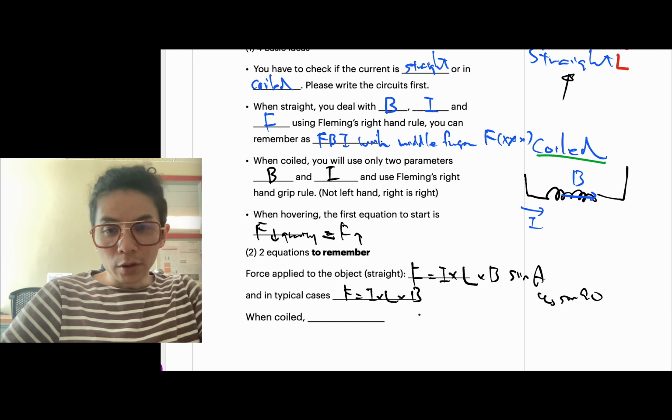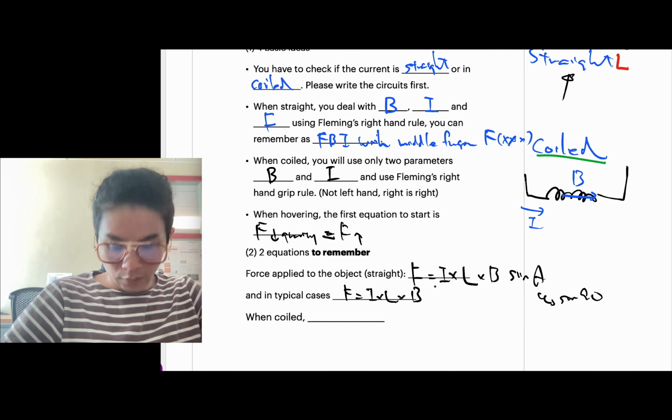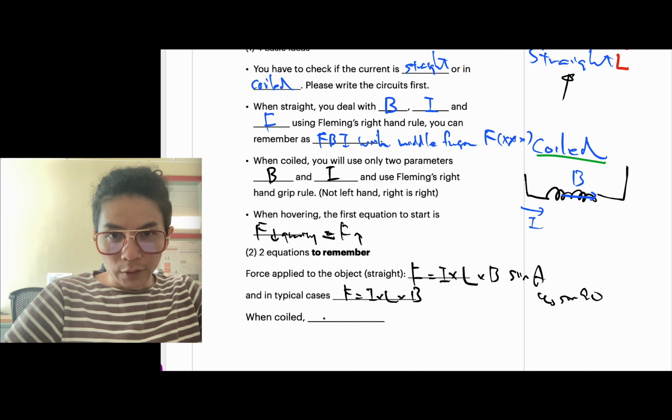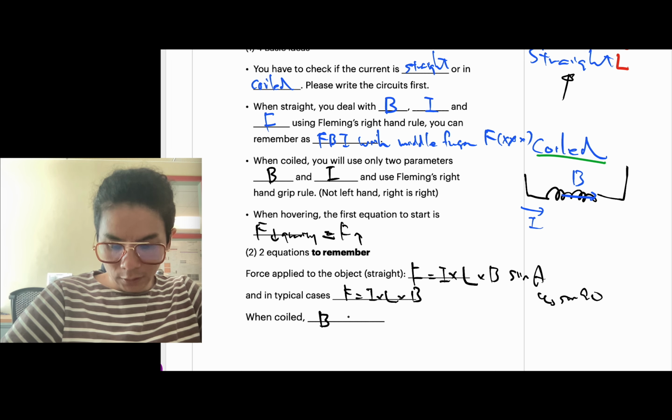And when coiled, the equation is a little complicated.